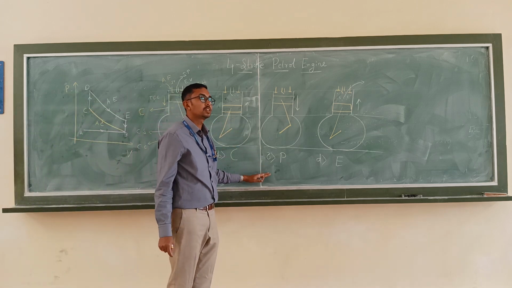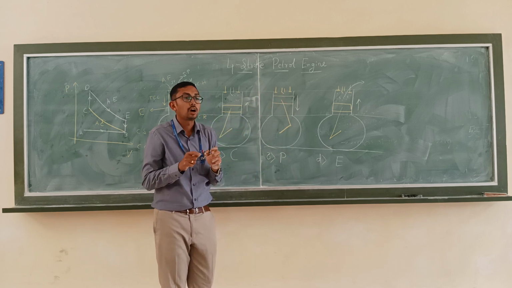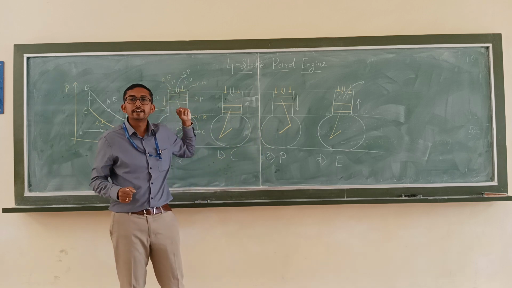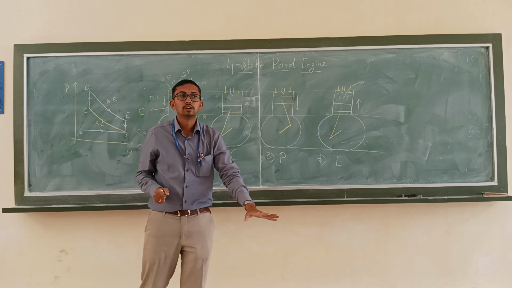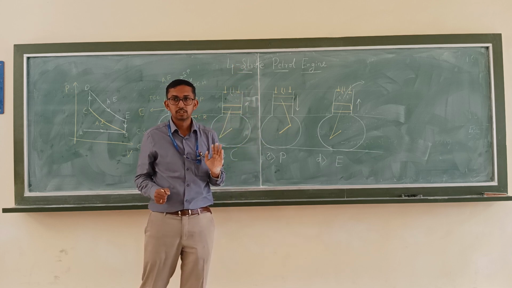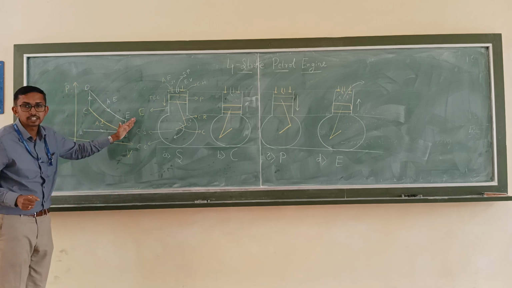What is the next thing? Power stroke. During the power stroke, both inlet and exhaust valves will be closed. So the hot gases are going to expand, and they are going to push the piston from top dead center to bottom dead center. This can be represented in the PV diagram from D to E. Okay.